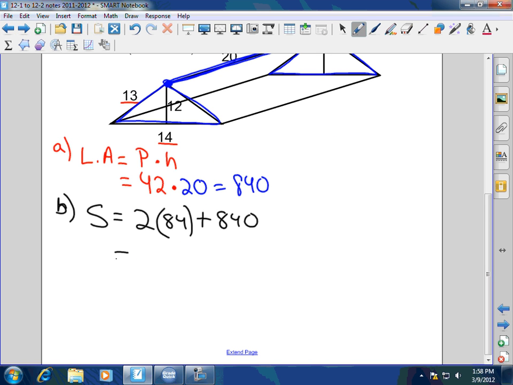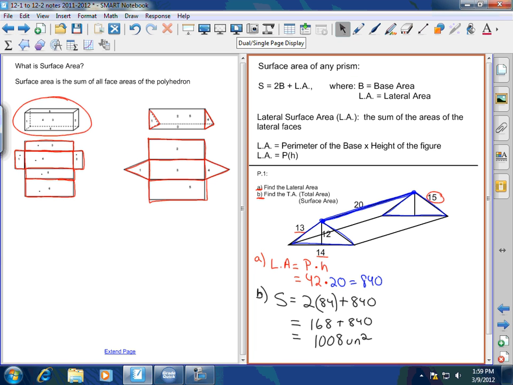That's 168 plus 840, which gives me 1,008 units squared. Does that make sense? Yes, sir.